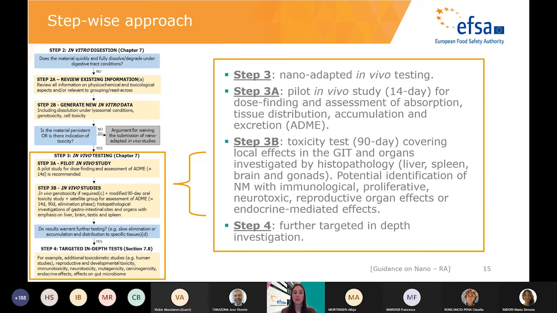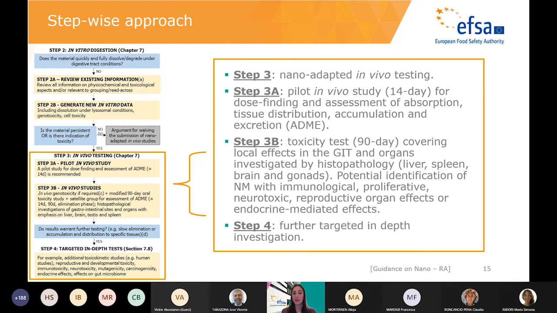This step should then be followed by a modified 90-day oral toxicity test covering local effects in the gastrointestinal tract and organs that should be investigated by histopathology, specifically liver, spleen, brain, and gonads.